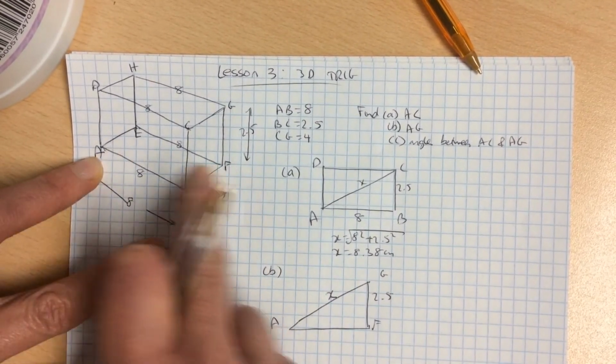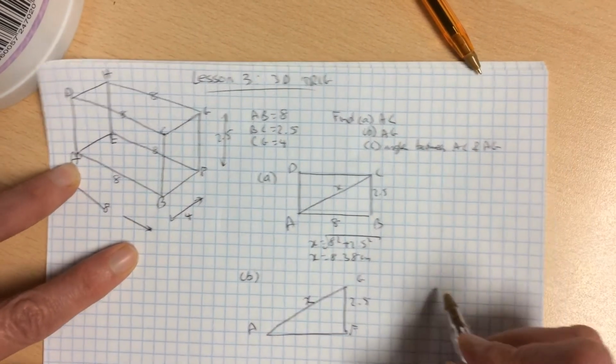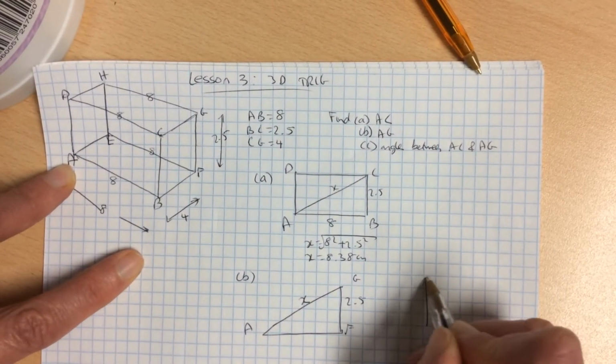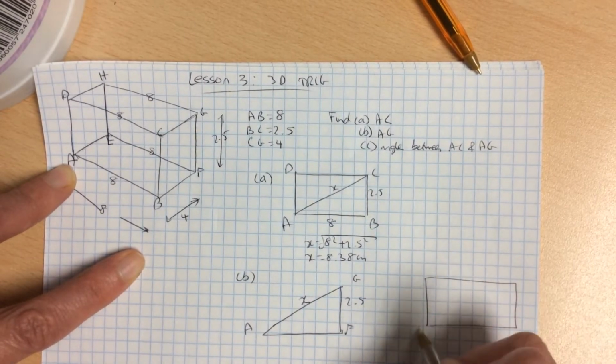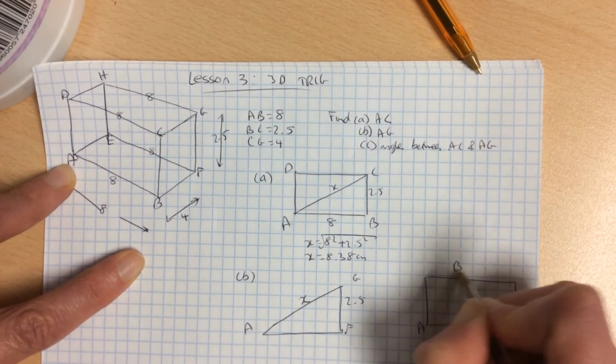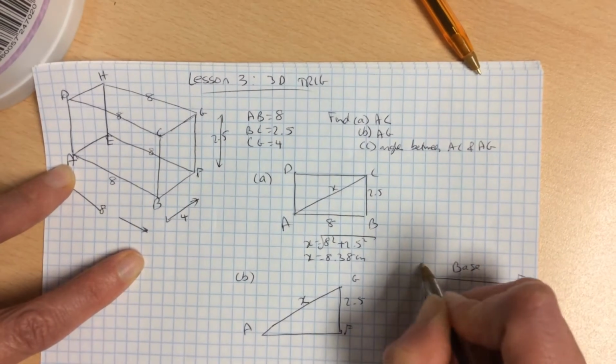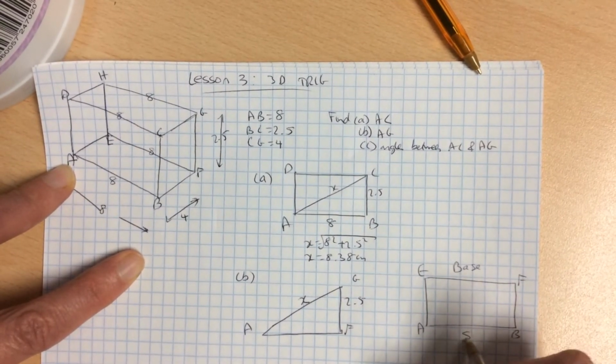If you look, A to F is the diagonal of the base. So I'll go over to the side here and I'll work out the diagonal of the base. So this is the base. It does take a wee while to get these, to be fair, they're quite tricky.